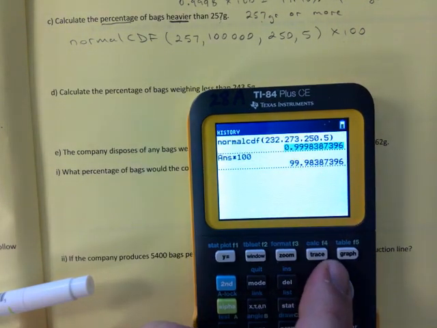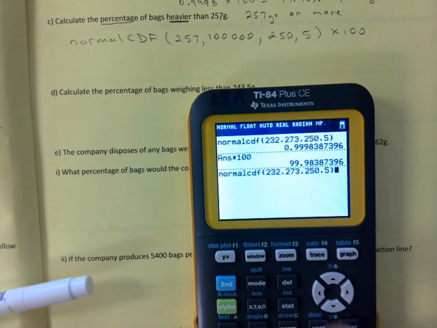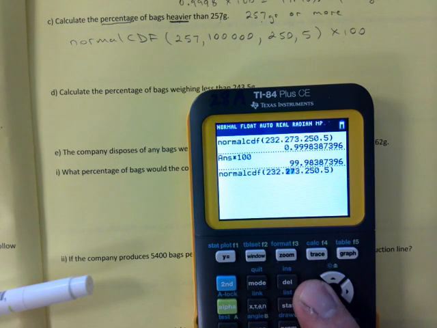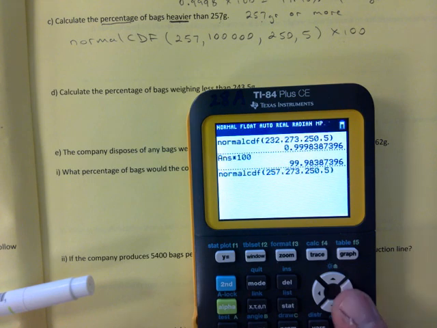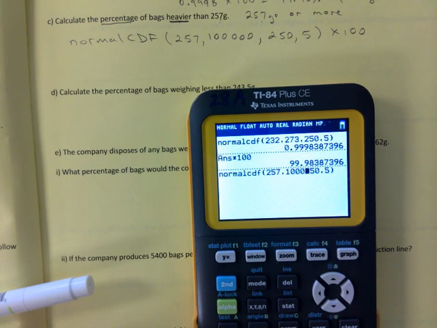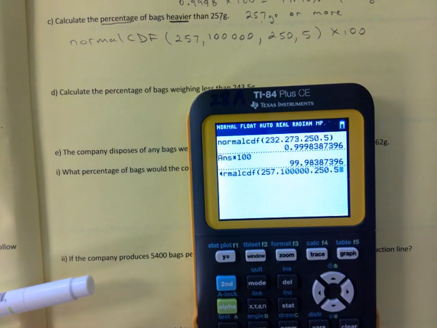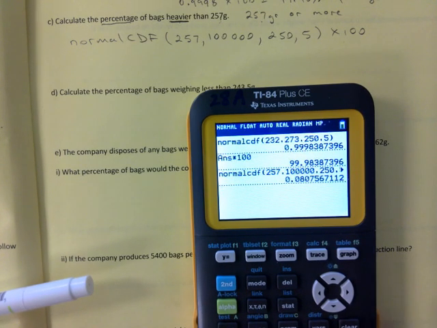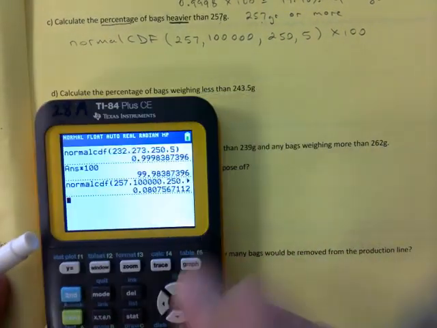I'm just going to copy my previous one so I don't have to find it again. So I'm just going to go 257, comma, 100,000. Mr. Dirksen, can I do a million? Sure. What about 999,000? Sure. So I like to write this down.